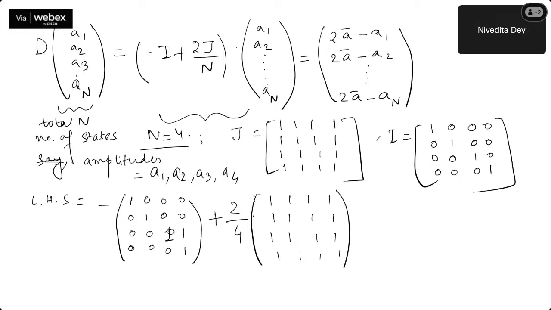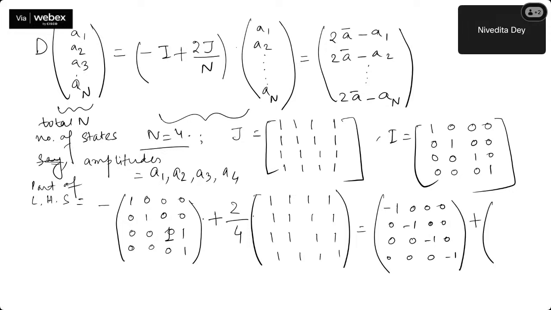And this entire thing, let me first calculate. So part of LHS it is. Then we will apply it on this entire matrix. So what will be the value? Final matrix is how it will look like. So this is minus 1, 0, 0, 0, 0, minus 1, 0, 0, 0, 0, minus 1, 0, 0, 0, 0, minus 1. This thing plus, let me write it now. So it's half multiplied by all. So it's all half, I guess. Right? It will be half only. So half.